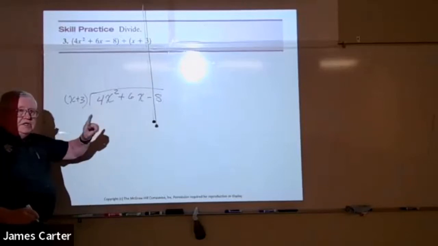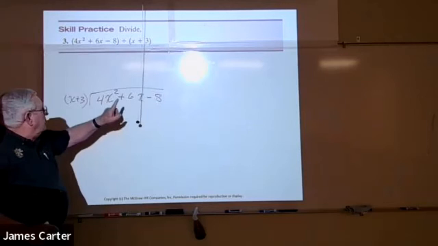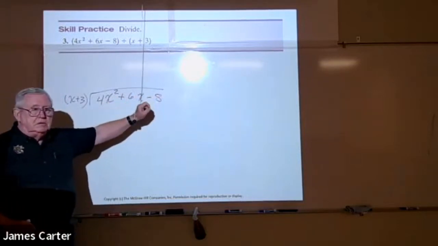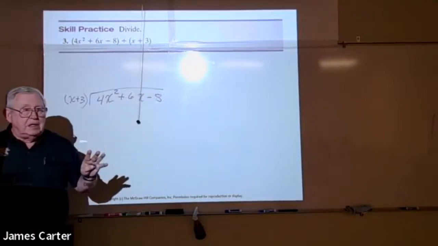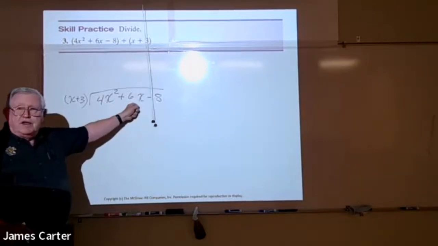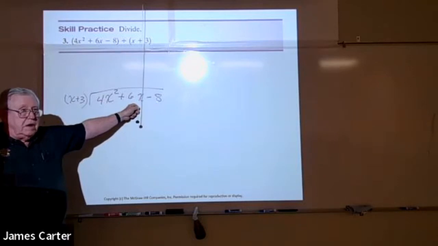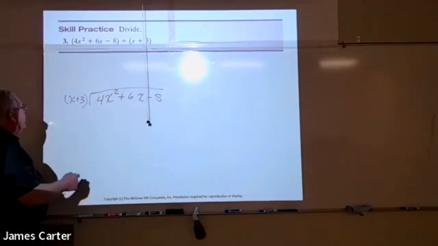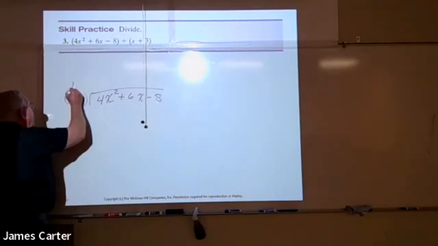Well, the first thing I need to check, now I'm adding something to do in here: look at your powers, 2, 1, 0. Okay? So we're okay. In a little bit, you're going to have some problems where you've got a missing power. And I'm going to show you how to compensate for that, but not yet.